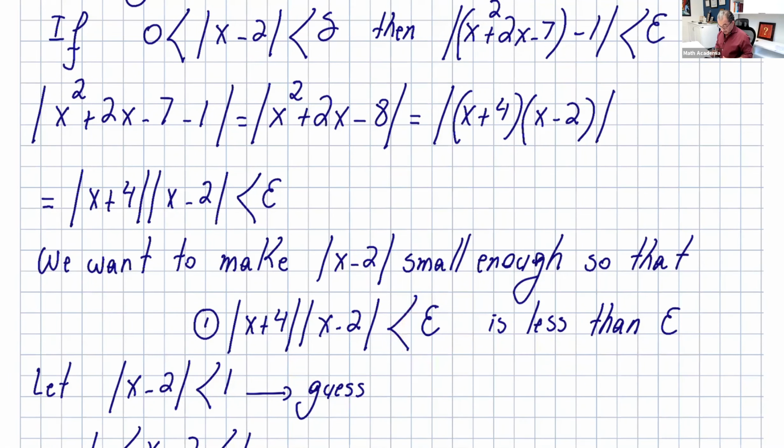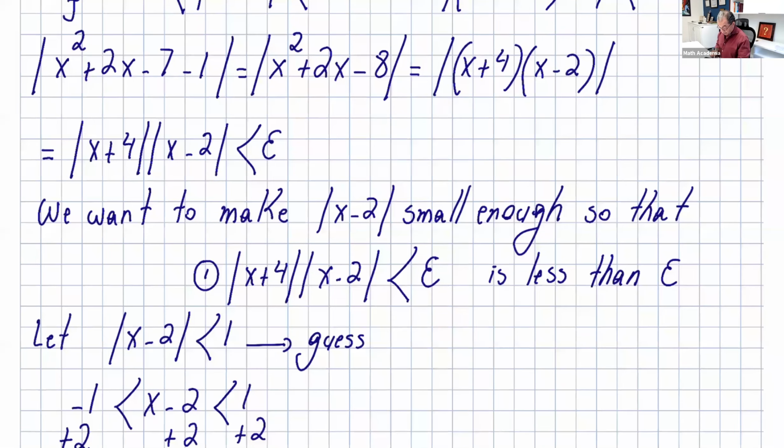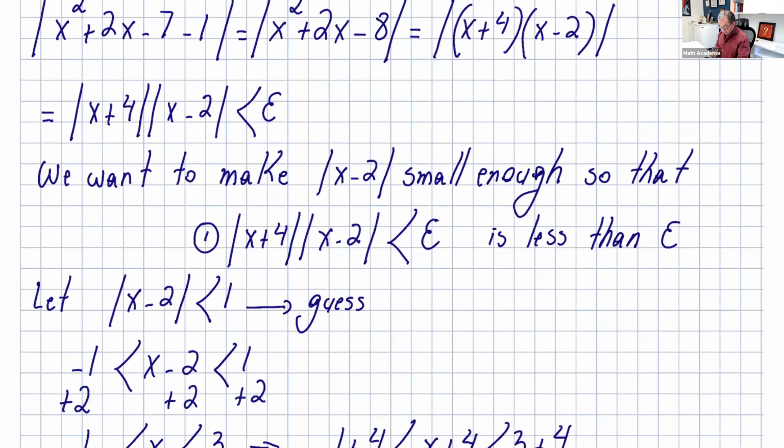Now, when you have a quadratic or a polynomial or any function other than linear, you need to guess a value for delta. The best number you can pick for polynomials is 1. You can pick 0.1, 0.5, 0.01, but 1 just makes the calculation easy, and we're going to see if that works. So let's guess delta equals 1.